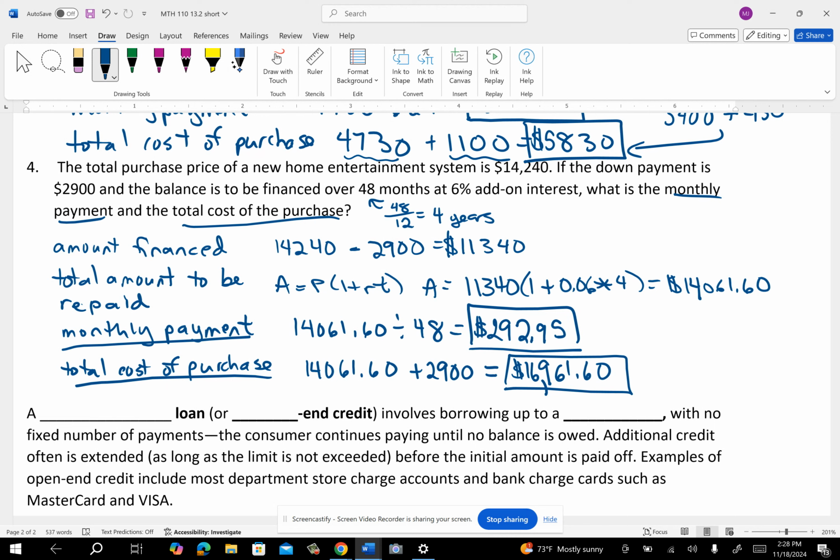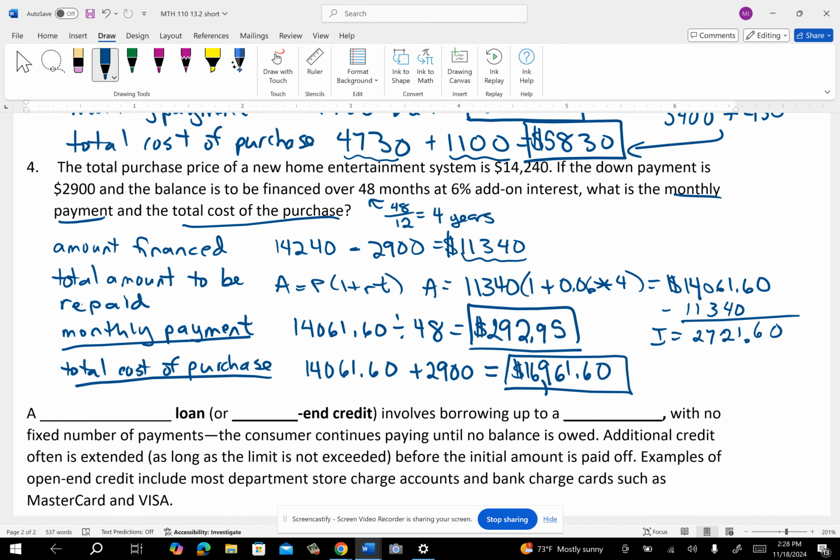Now, if I had calculated the interest, like I could do that, because isn't the $11,340 how much I really financed? I could have calculated the interest by itself ahead of time. And if I had done that, I would wind up with $2,721.60. That would have been the extra amount of interest that I paid.